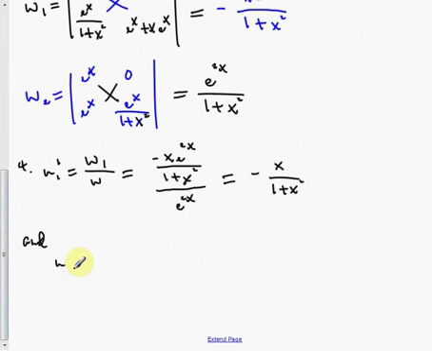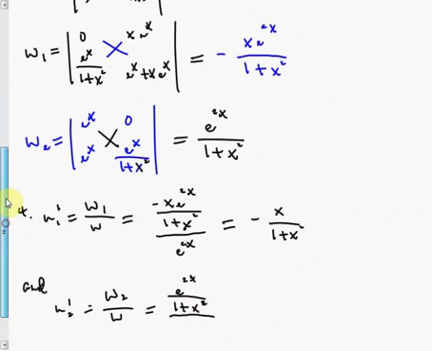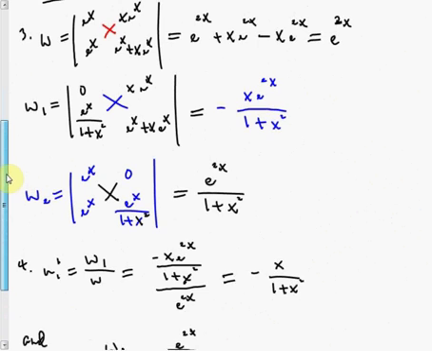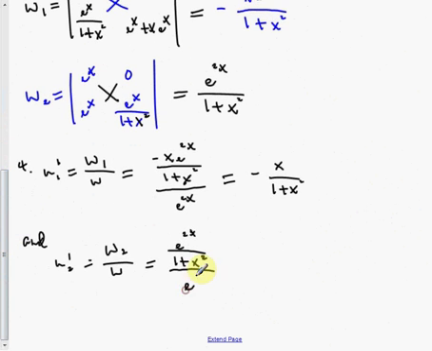And then the u sub 2 prime is w sub 2 divided by w. This is e to the 2x over 1 plus x squared, and that's divided by e to the 2x. And so that just gives us 1 over 1 plus x squared.